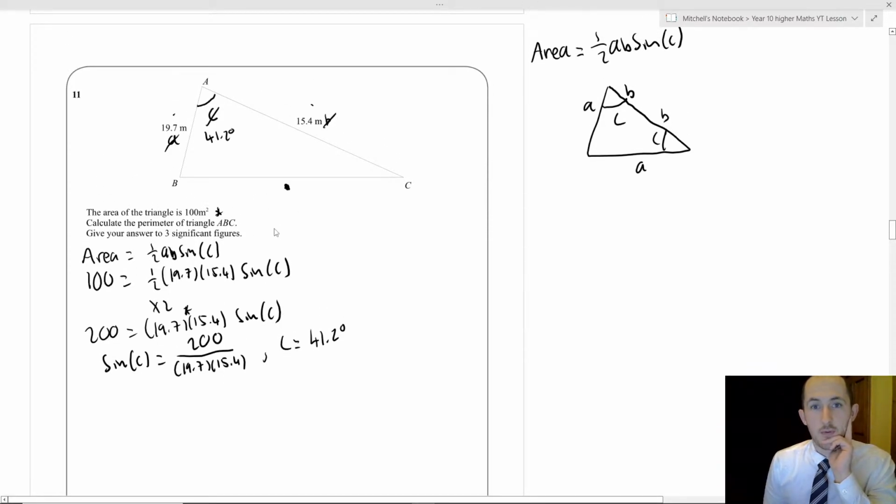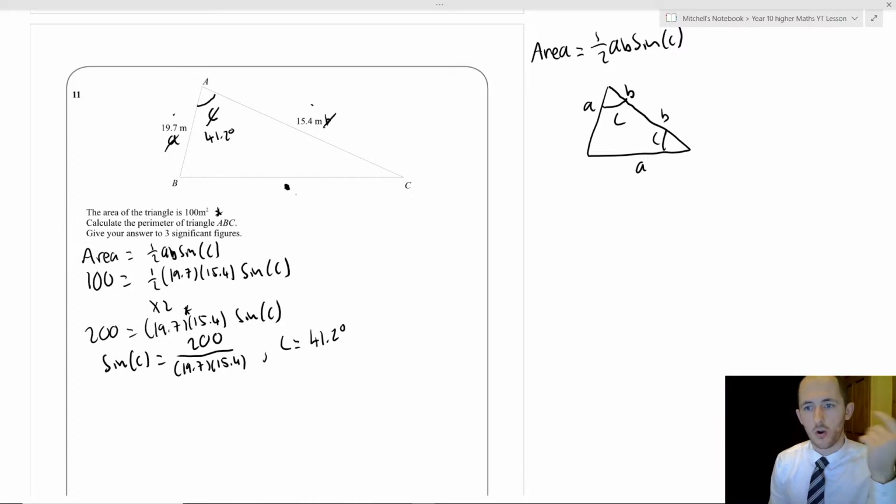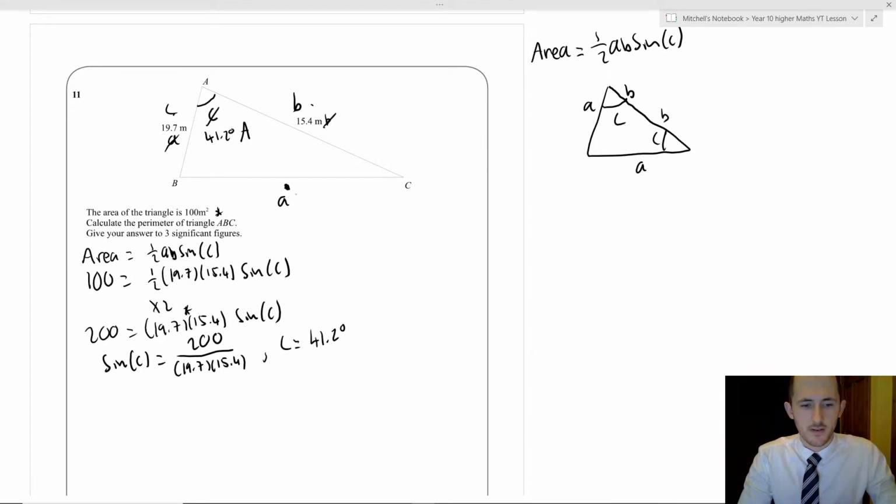Now I need to work out the perimeter. Okay, so I have two sides and an angle, and I need the side opposite them. So this is just a regular cosine rule question now. I'm going to label the opposite side A and the angle A, and then B and C, the other two things. That may have confused some of you, right?